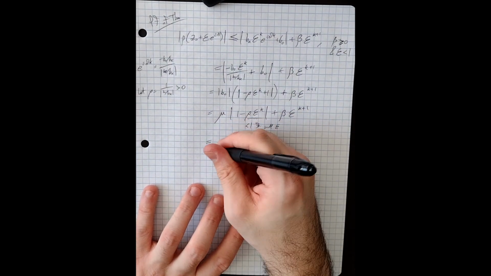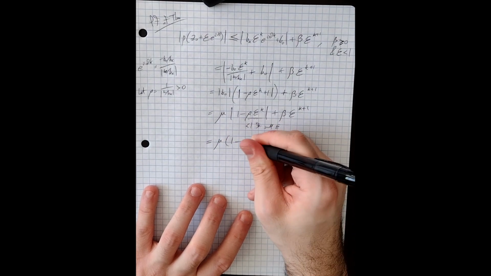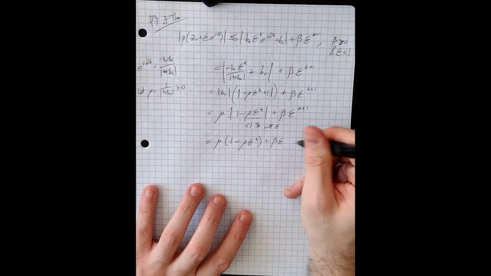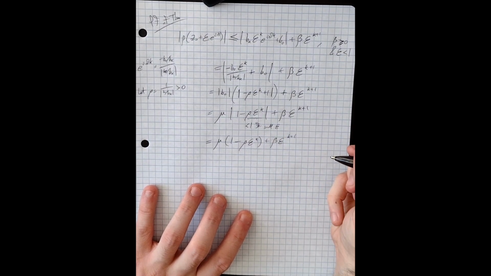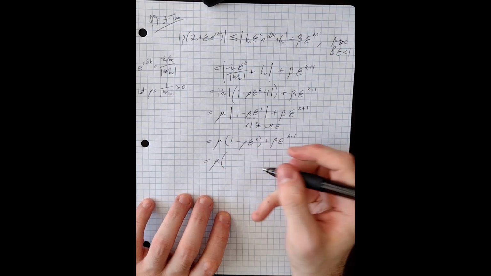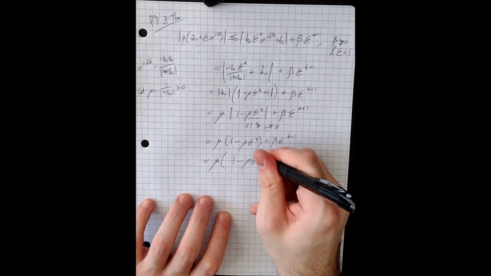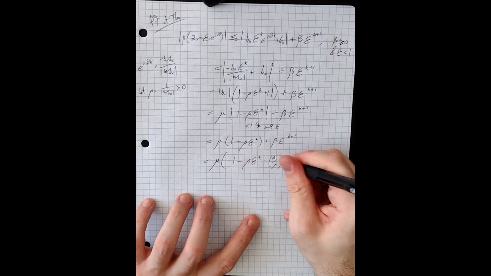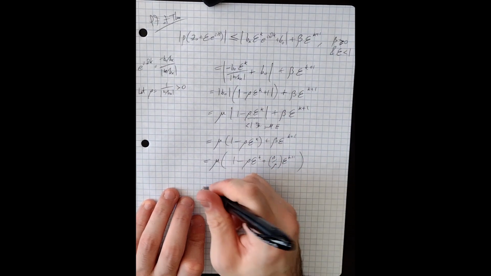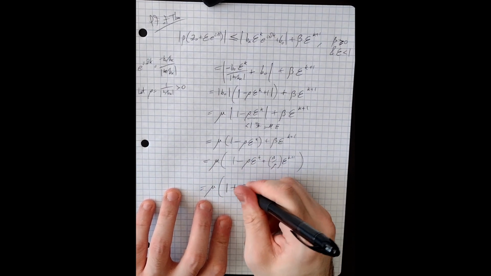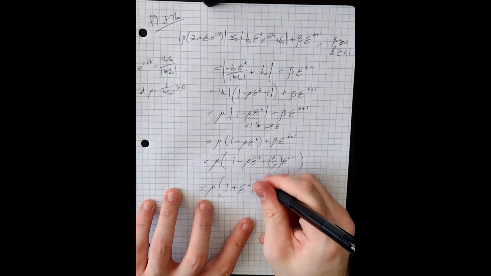So this is equal to mu. We can drop the absolute value. And now I'm going to factor a mu out of everything. Mu is non-zero, so I can do this. And then we're going to factor out this.